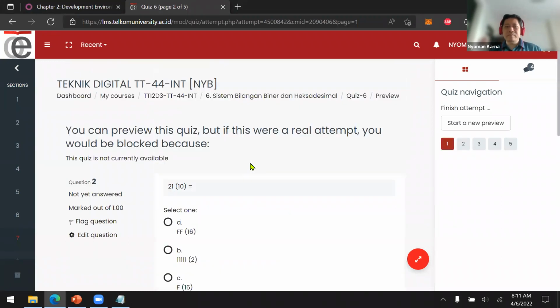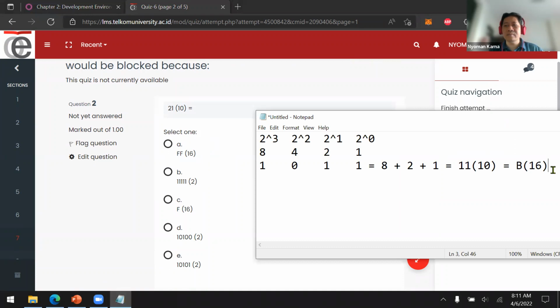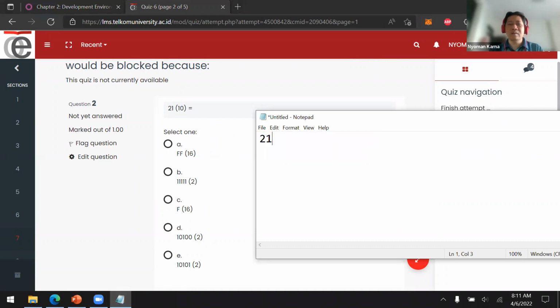Next. Now I have 21 in decimal, and I want to represent it using either hexadecimal or binary. 21 divided by 2 becomes 10, and the remainder is 1.